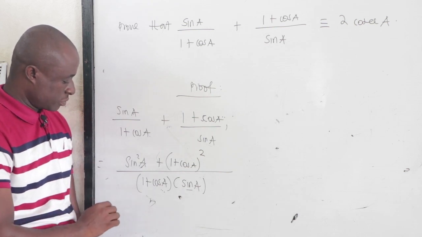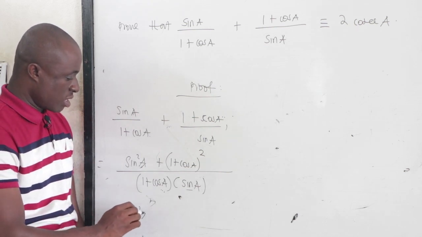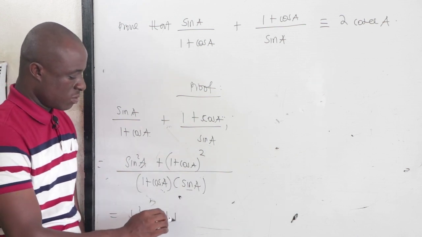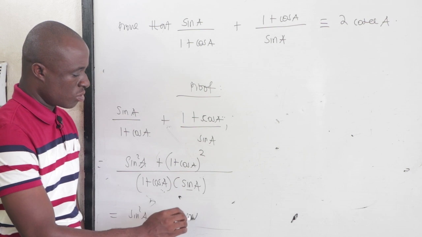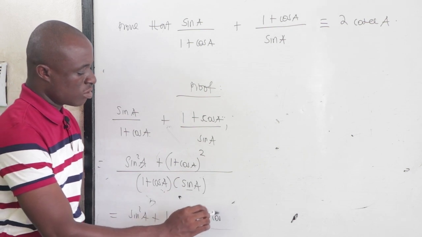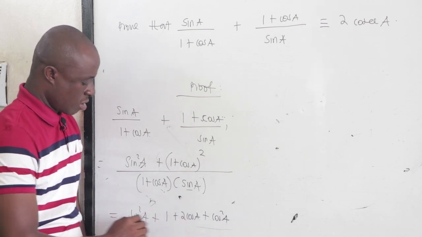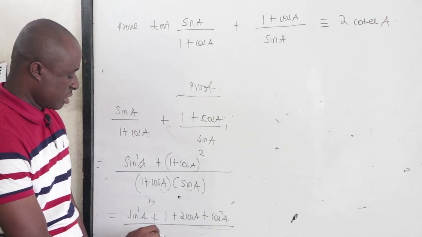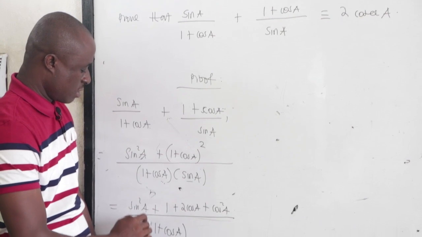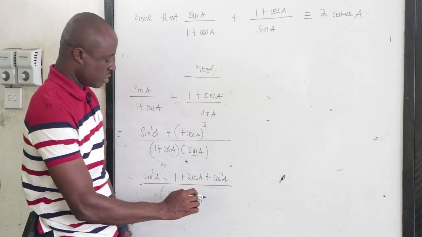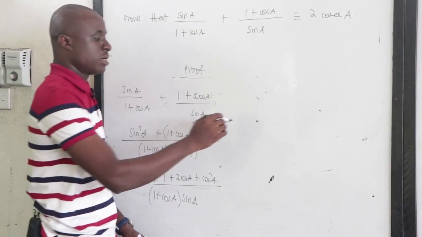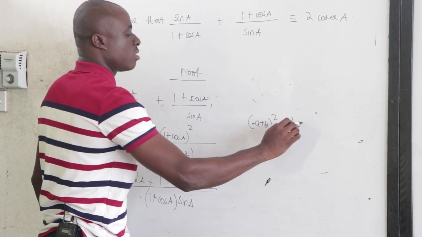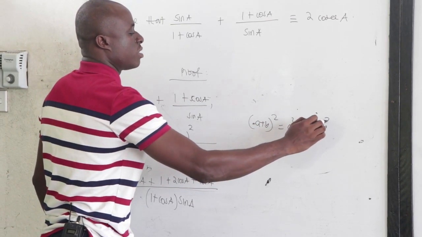Now, we have sine square A plus 1 plus cos A all square. This is just 1 plus 2 cos A plus cos square A all over, let's see the denominator, we have 1 plus cos A times sine A. Now with the expansion, I know A plus B all to the power 2 is A squared plus 2AB plus B squared.